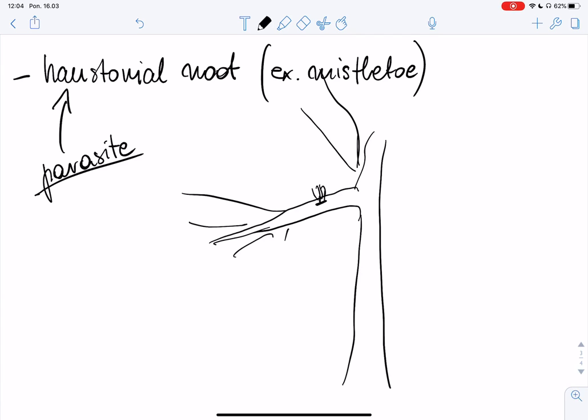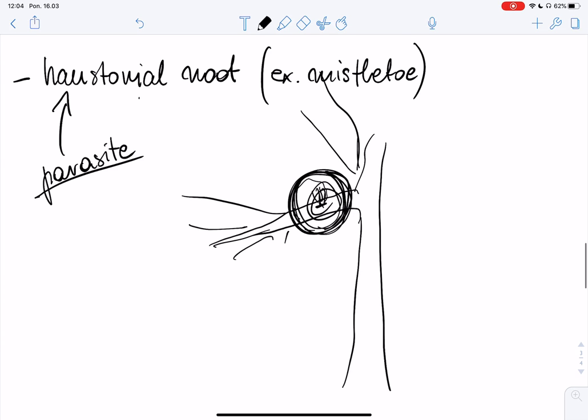So it starts to grow from here, and then we have those, maybe you've seen the balls that are growing on the trees, and this is the mistletoe. Haustorial root, Savka, because it basically sticks to the tree as a sucker that will just hold to its place.